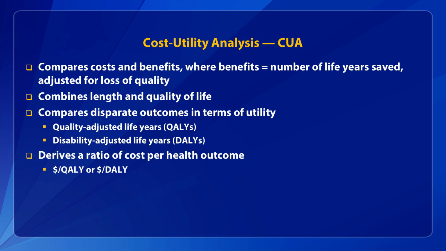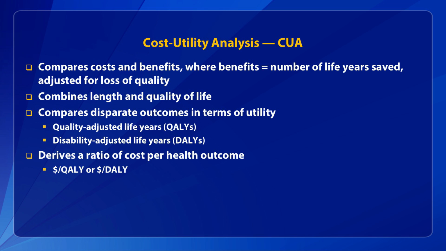One method for dealing with the problem of multiple outcomes, particularly if there are multiple health outcomes, is to conduct a cost-utility analysis. In this type of analysis, outcomes are expressed as a health index. This combines all health outcomes associated with an intervention in terms of increases in length of life and quality of life. Length of life adjusted by quality of life is known as the quality-adjusted life year, sometimes referred to as a disability-adjusted life year.